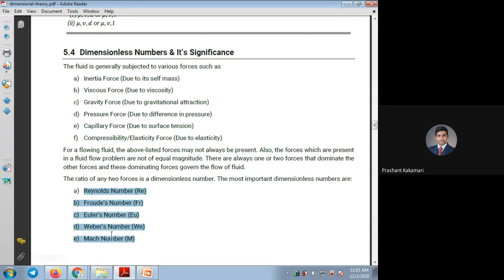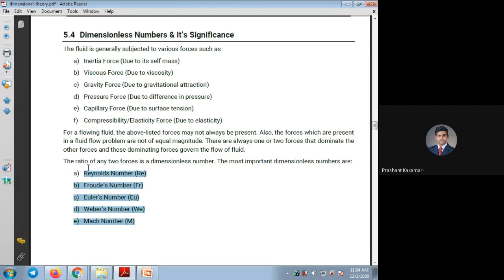In this, all 5 dimensionless numbers need the inertia force. Inertia force is common for all the dimensionless numbers. I am telling this so you remember how to relate these forces, and after taking ratios, how we find these dimensionless numbers. So now we'll check how to find the Reynolds number, then the Froude number, then Euler's number.